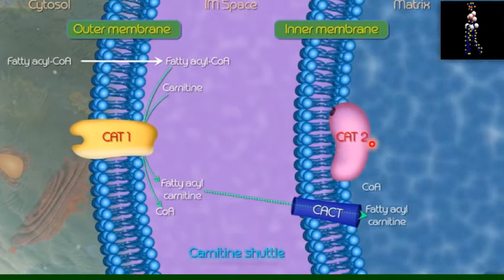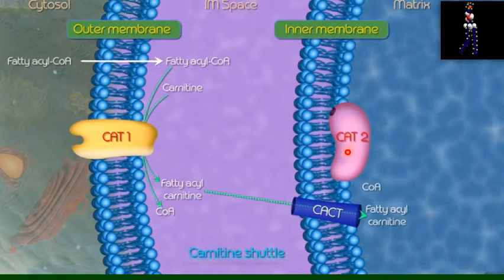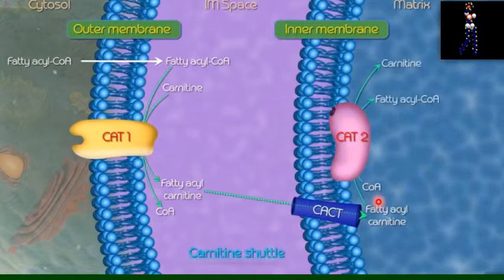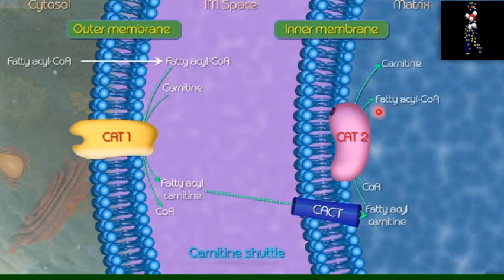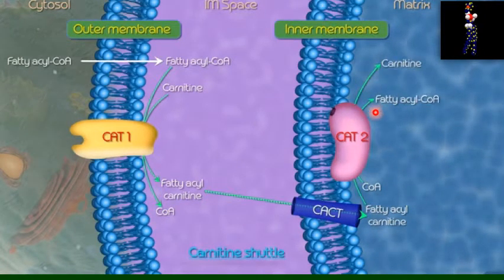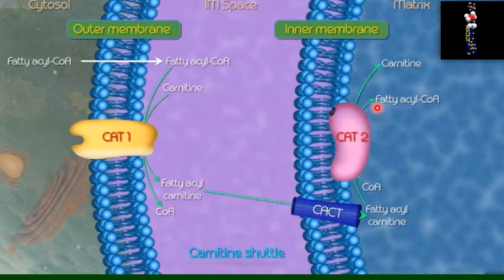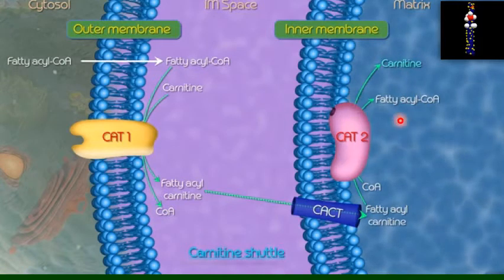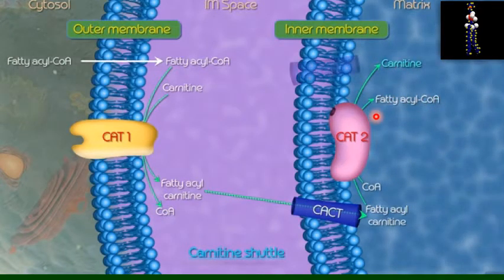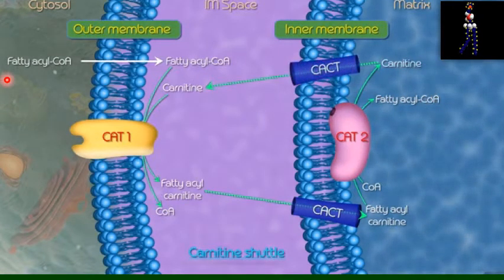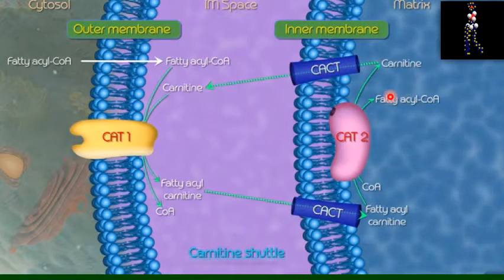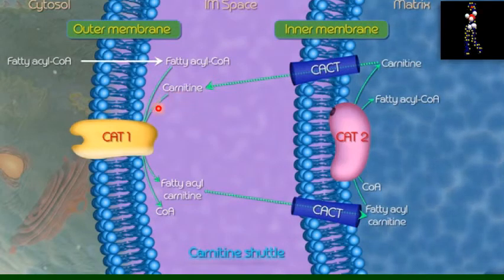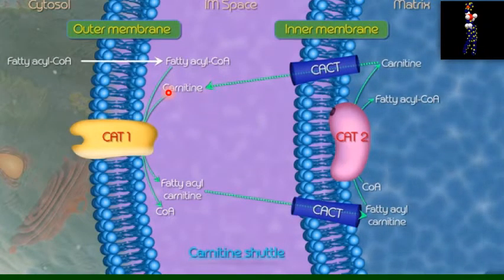Here, with carnitine shuttle 2, we release the carnitine free for another reaction, and the fatty acyl coenzyme A comes into the matrix. So this is the first step, in which the fatty acid comes inside the cell, and the carnitine is again utilized by the inner membrane space, as you can see in this picture.